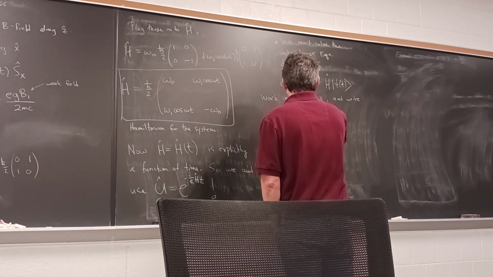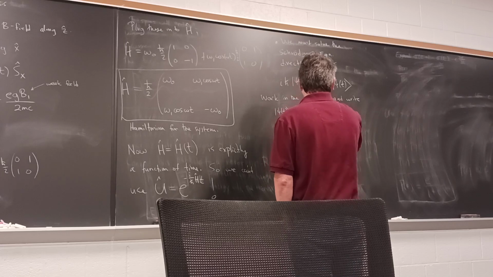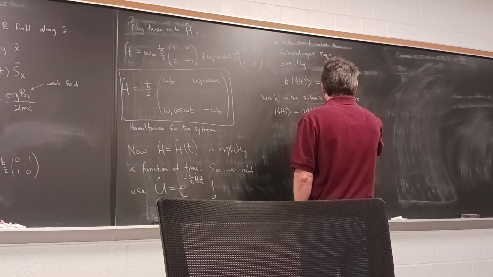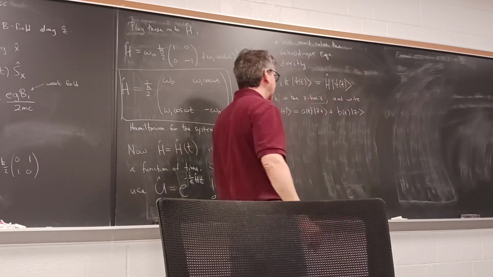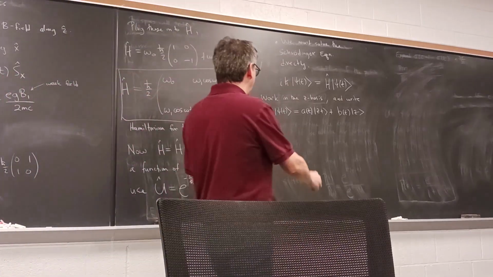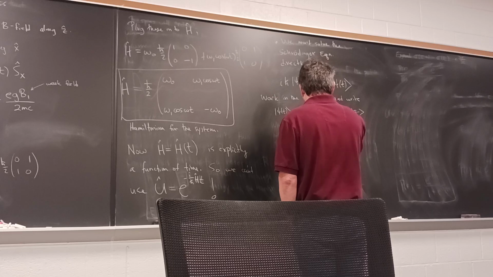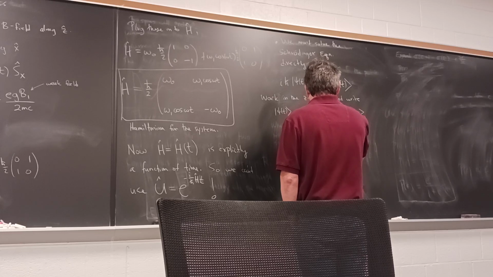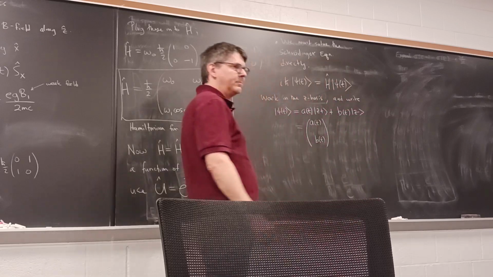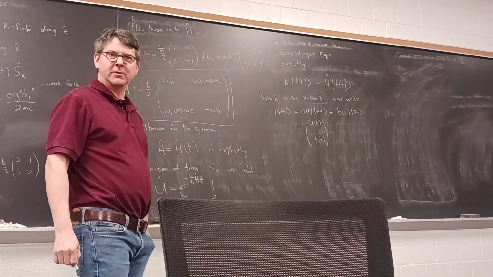We don't know what it is, so let's just write it as some coefficient a of t times z plus plus b of t times z minus. So in our column vector format, this is just a of t, b of t. Okay, everybody cool with that?